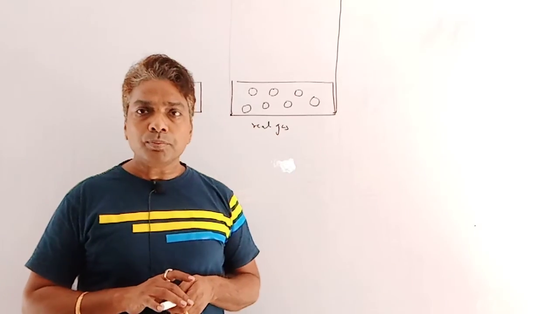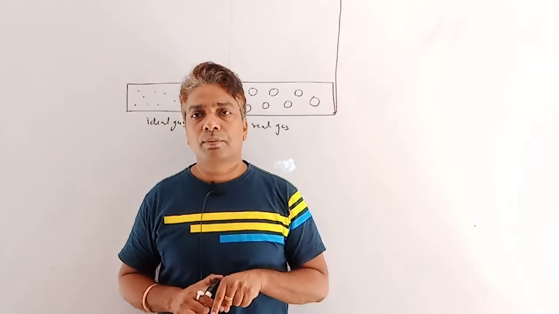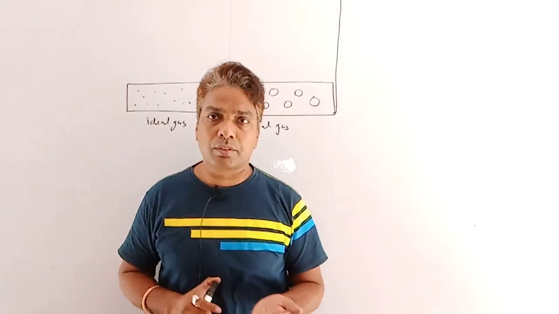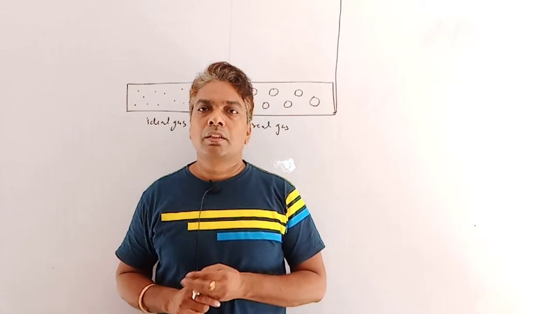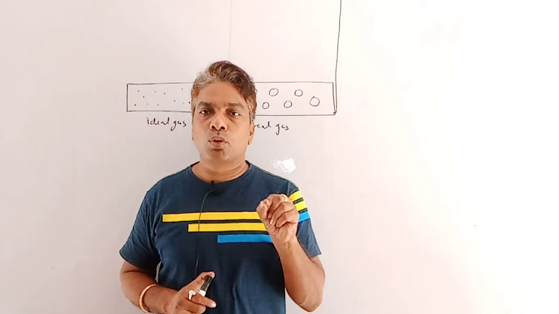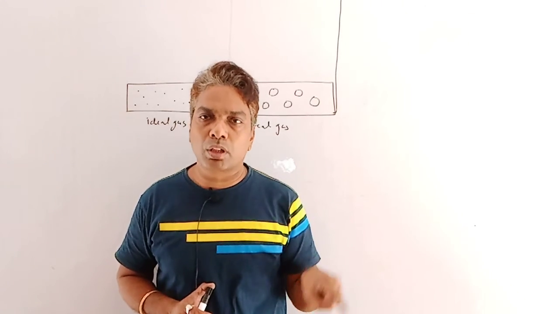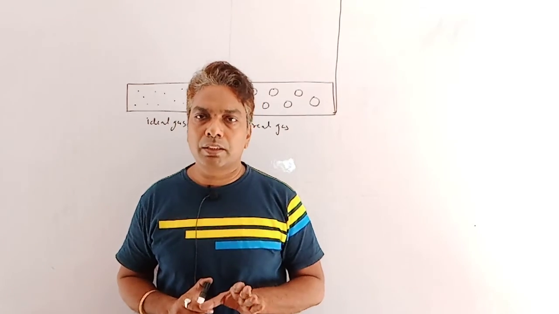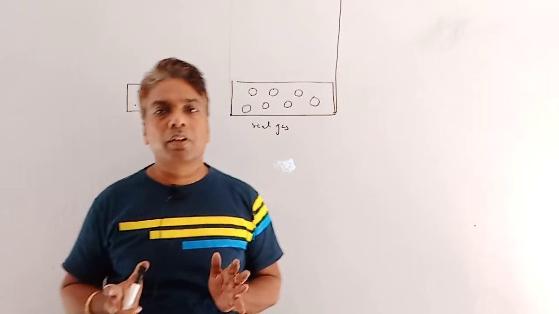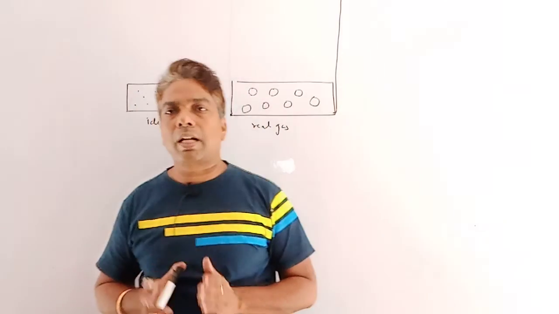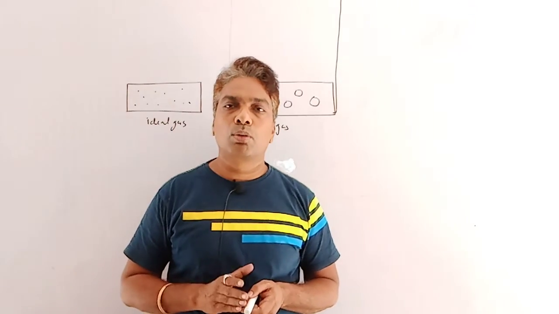Clear? So at low pressure and high temperature, a real gas behaves as ideal, since at such conditions the volume occupied by the particles of real gas is negligible with respect to the total volume of the gas, and due to the large intermolecular distance between real gas particles, the intermolecular attraction force is negligible.